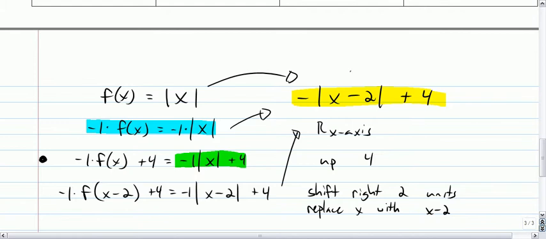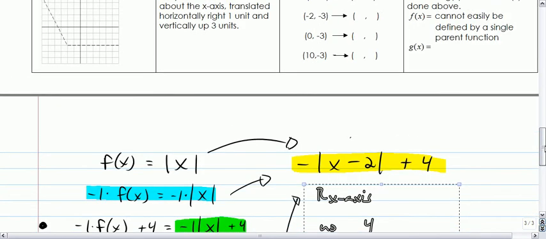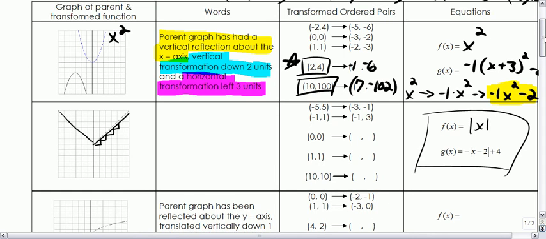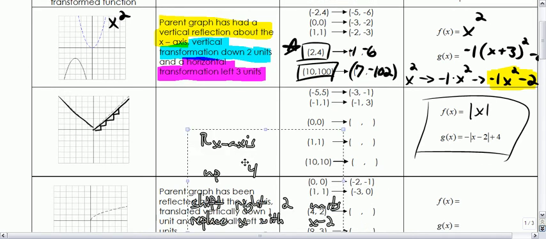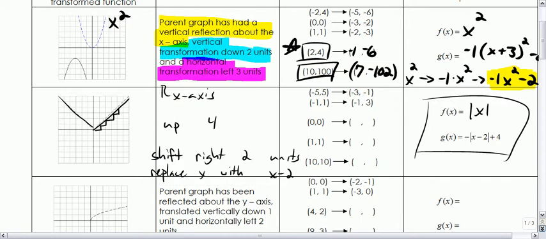Now that I've built it, I have all the transformations that took place. They're right here and in that order. So I can go back up and fill that in. So first reflect across the x-axis, then go up 4, then go right 2 units.